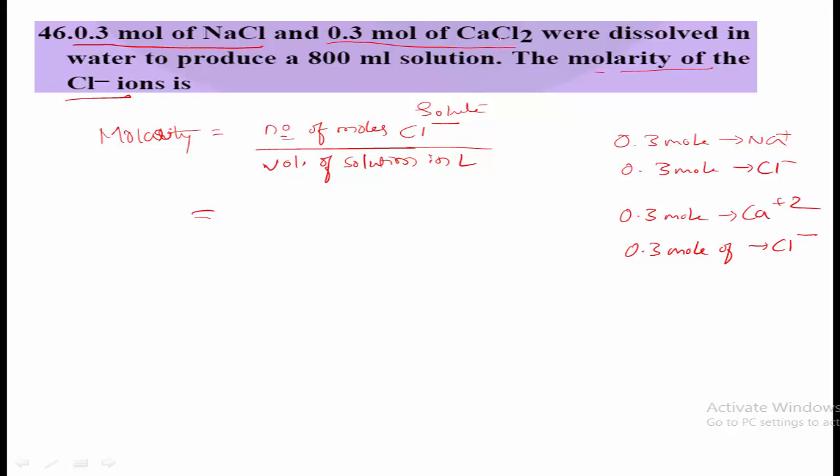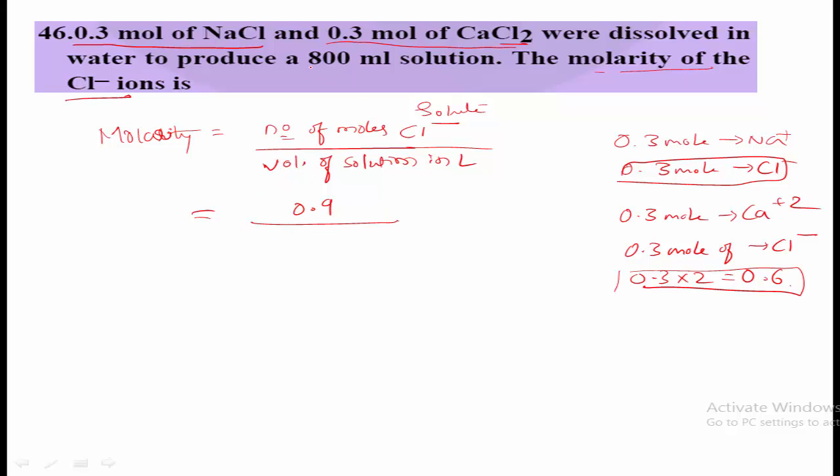But how many Cl ions are there? 2. Therefore, 0.3 into 2 is equal to 0.6. So totally the number of moles of Cl minus ions will be how much? 0.3 mole of Cl minus here, and 0.6 mole. Totally, 0.3 plus 0.6.